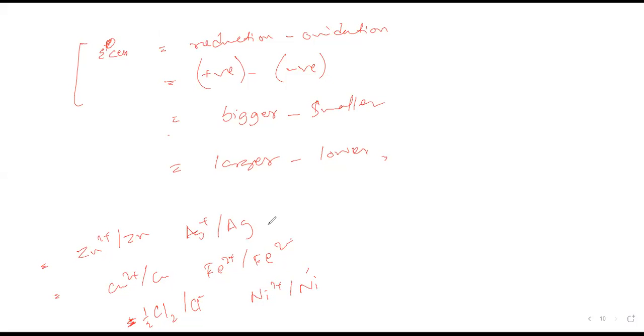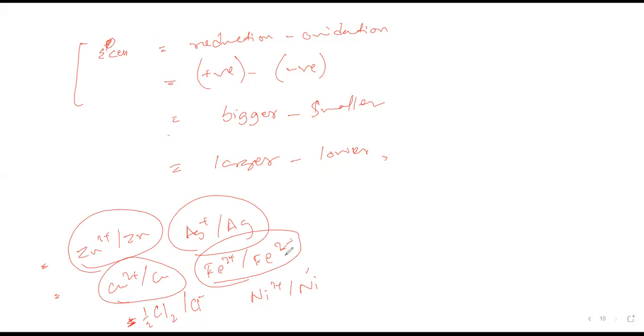So this is Ag plus, Zn2 plus, Cu2 plus. This is Fe3 plus and Fe2 plus. And here we have chlorine and nickel as our half cells.